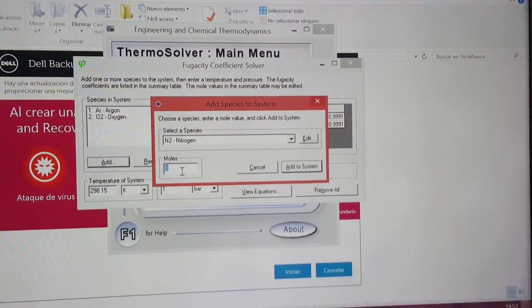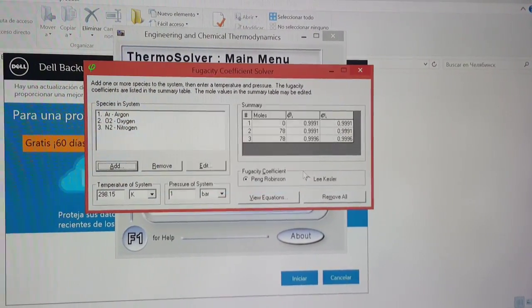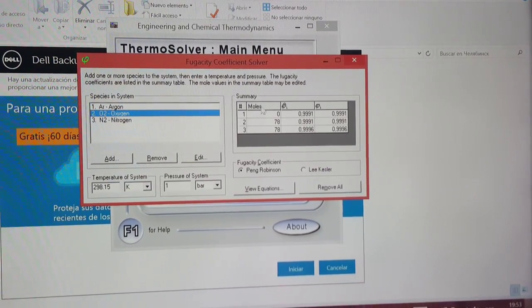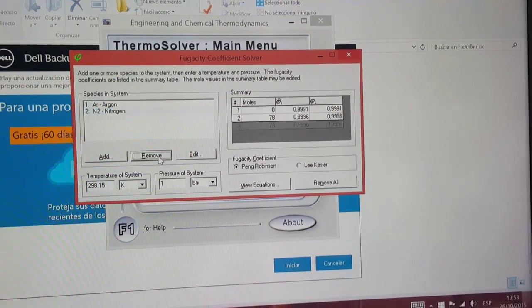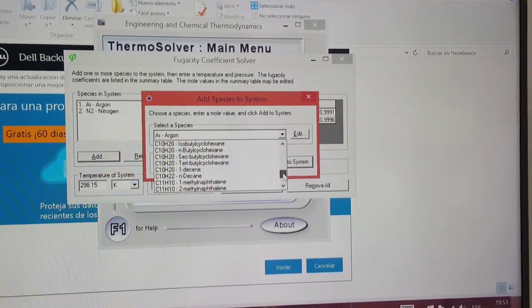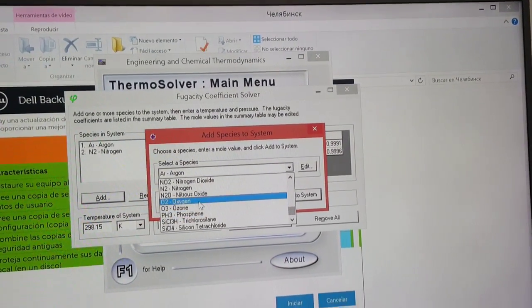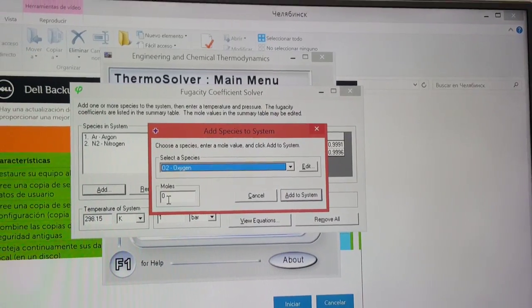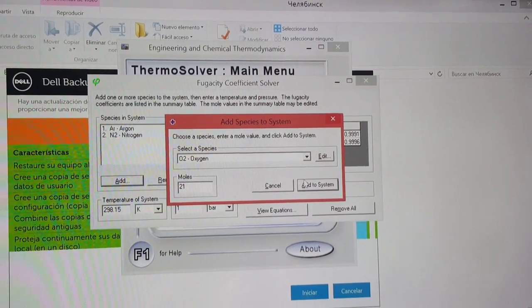Wait, I have an error here. I put the oxygen as 78, but that's not true. It's 21 moles. So let me search for it again. Here you go, oxygen, and it's 21.